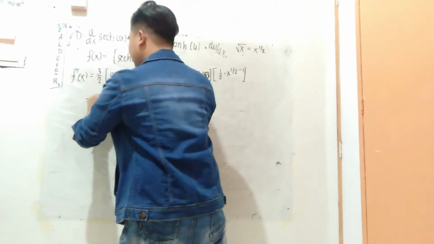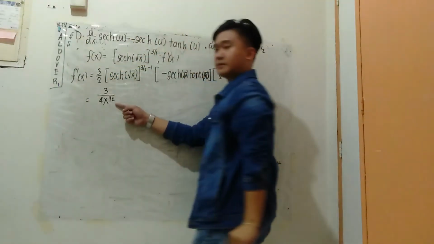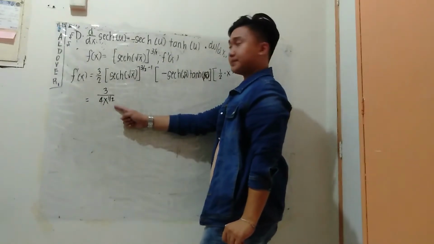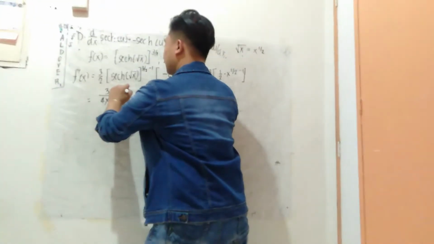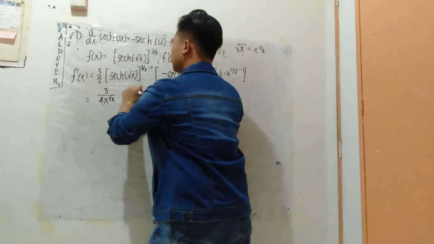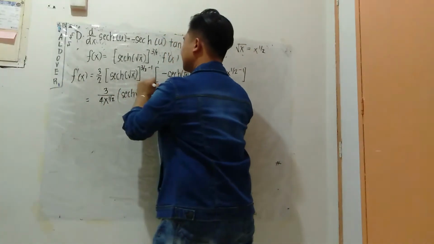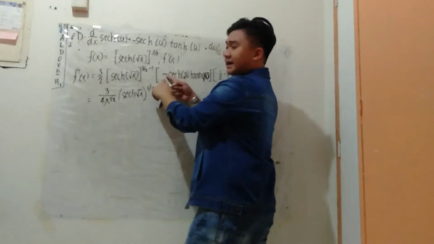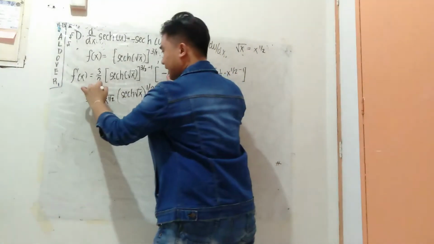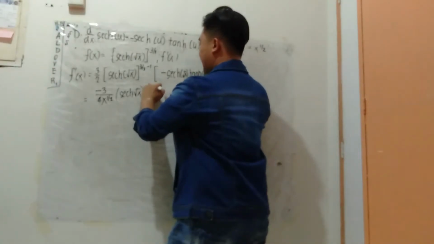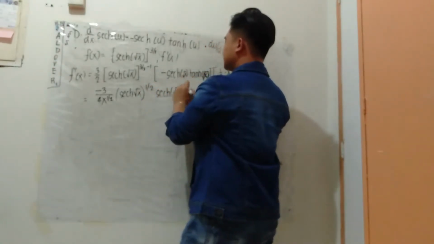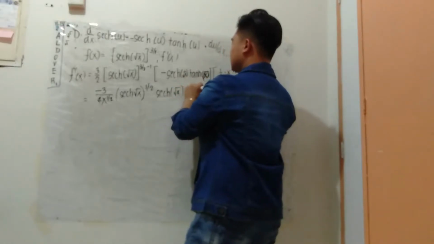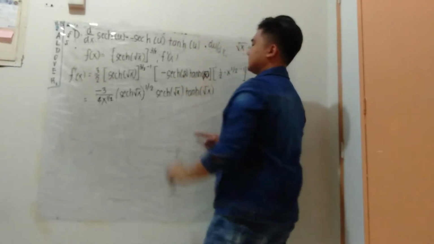So, ibaba na natin dito. Okay? Then, 3 halves minus 1, that is simply 1/2 na lang. Di ba may negative sa una dito? Ilagay ko na lang sa unahan. Times sech square root ng x, tanh ng square root ng x.